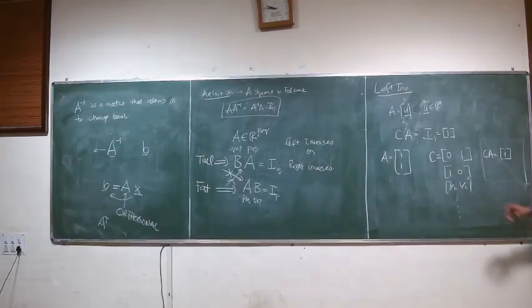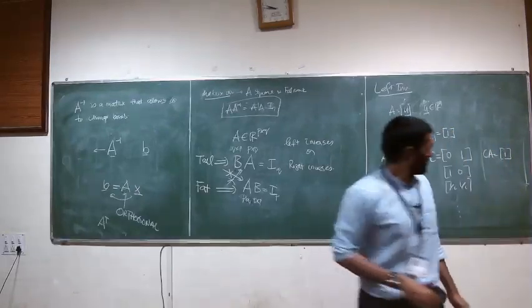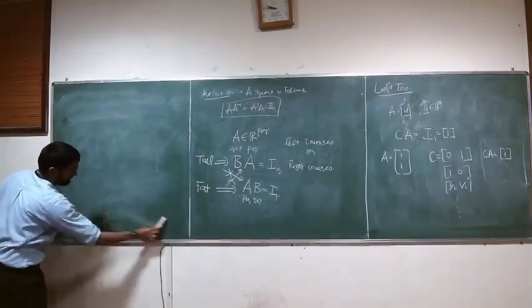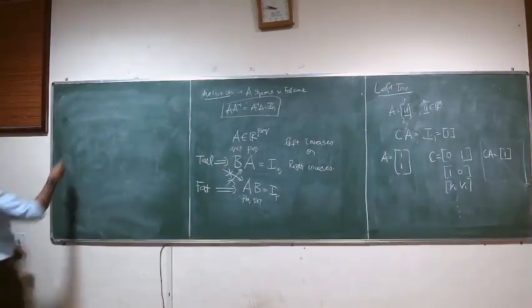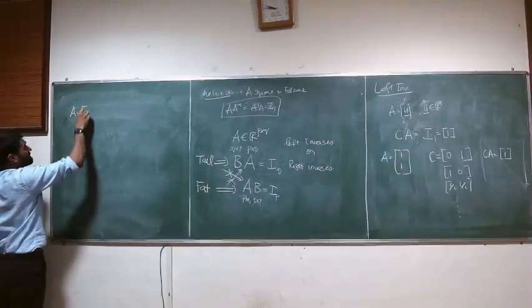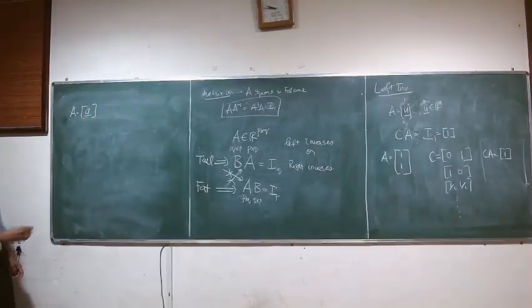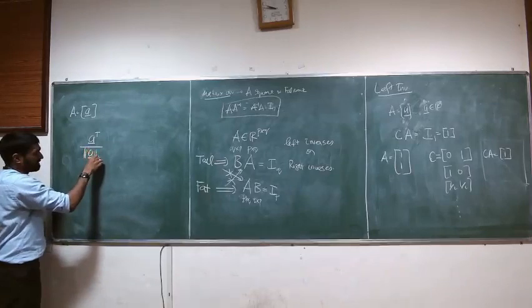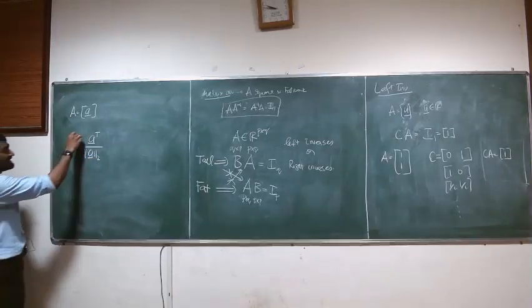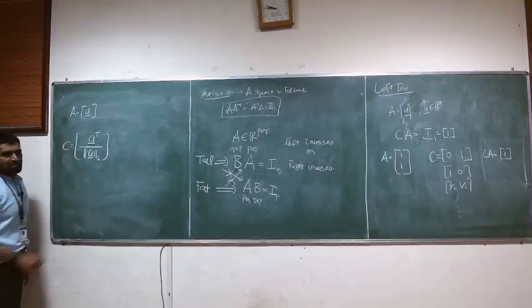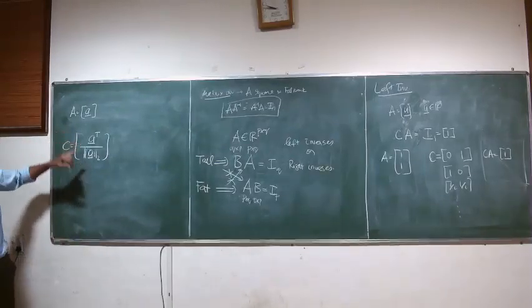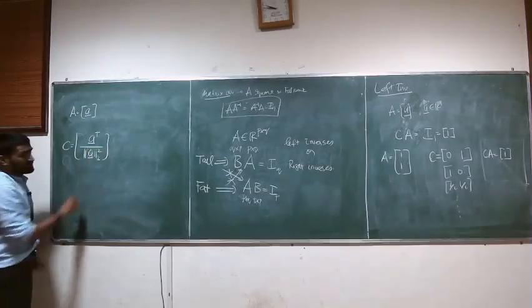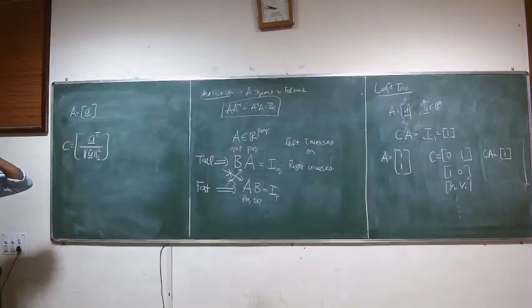In fact, we can generalize this. If I have a matrix A with one column, I simply take the transpose of A and then I normalize it, not just by the length, but by this number.